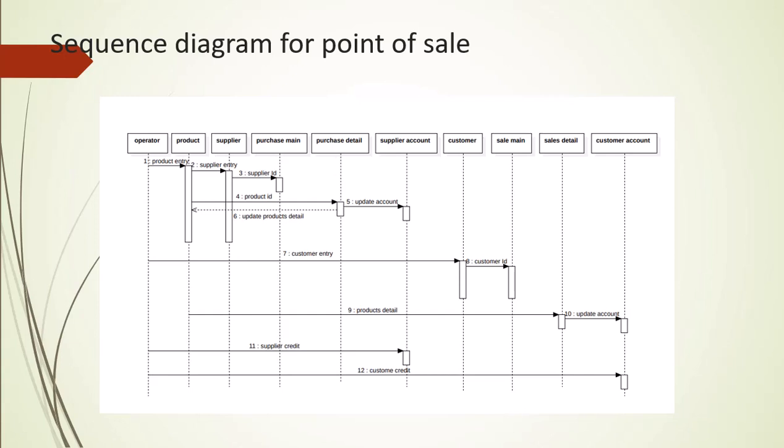These two attributes come here, and then after purchase the product stock is also updated, because the number of products increases, and then the supplier account is also updated. The debit and credit entries are updated. Similarly, when we want to make a sale, first we ensure the customer entry, the customer ID comes here, and product detail comes from the product.